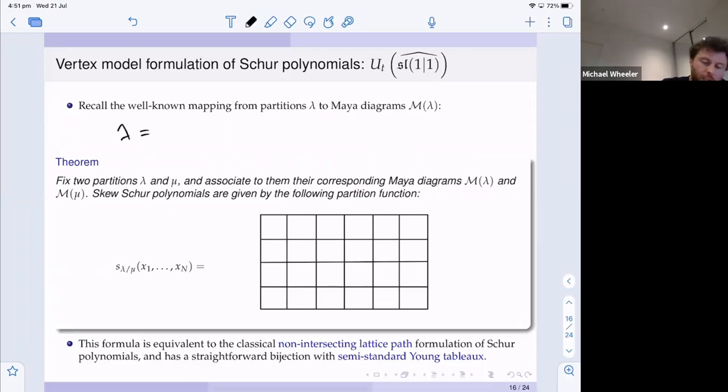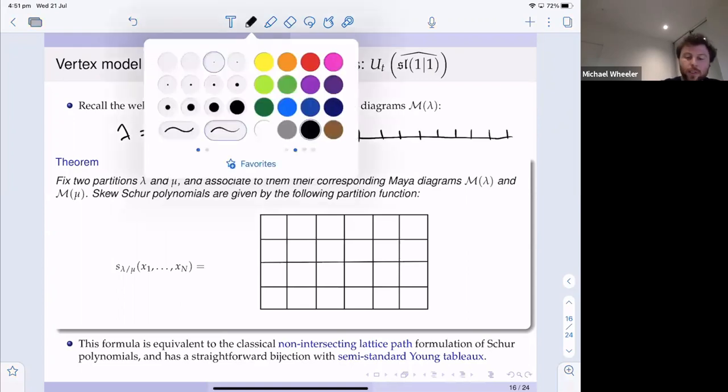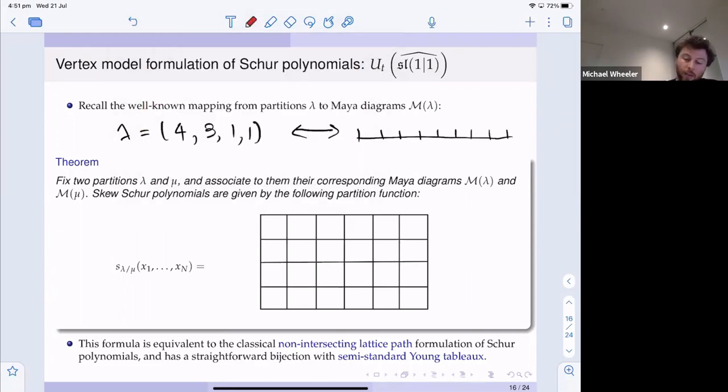If I have a partition, let's say lambda is equal to 4, 3, 1, 1, then I can associate to this a Maya diagram, where I'm going to have lots of sites, and I can put either a stone or an empty space at each of the sites. The way that I do it corresponds with this partition. I'll just do the mapping very quickly, and then I'll explain. In this particular case, this is what you get.